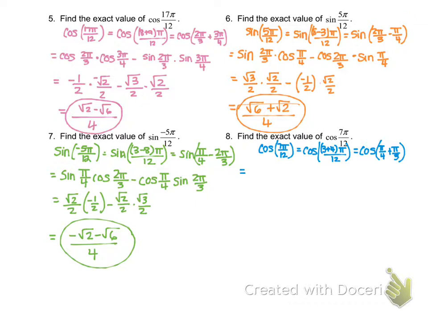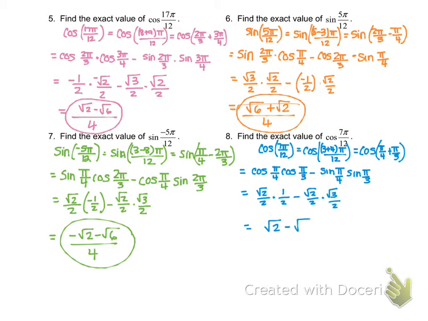Okay, so we're going to have cosine of pi over 4 cosine of pi over 3, subtract, because it's opposite with cosine, sine of pi over 4 times sine of pi over 3. From the unit circle, we get root 2 over 2 times 1/2 minus root 2 over 2 times root 3 over 2. And when we multiply across, we get root 2 minus root 6 all over 4.